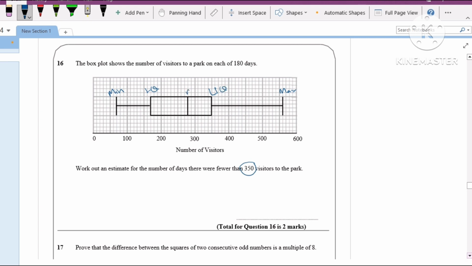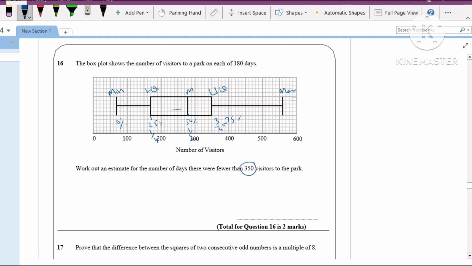In other words, this is 0%, this is 25% or 1/4. This is 50% of the data. It means till this point there are 50% of the terms, half of the data. And here it is the third quarter or 75%.